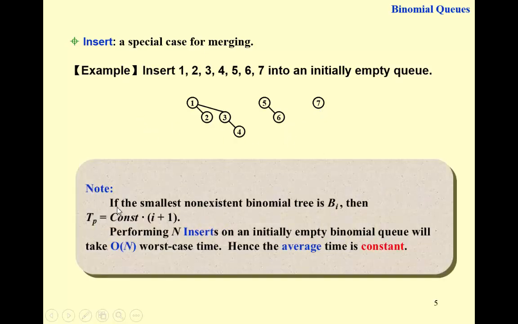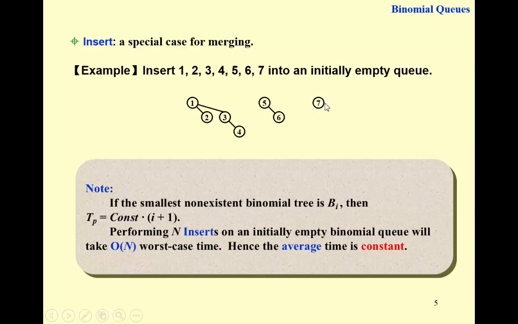It's this: if the smallest non-existent binomial tree is B_i, then the time complexity of making one insertion must be a constant times i plus 1. So for example, if B_0 is empty, next time when we make the insertion, we need 0 plus 1, that is one step to create this one.